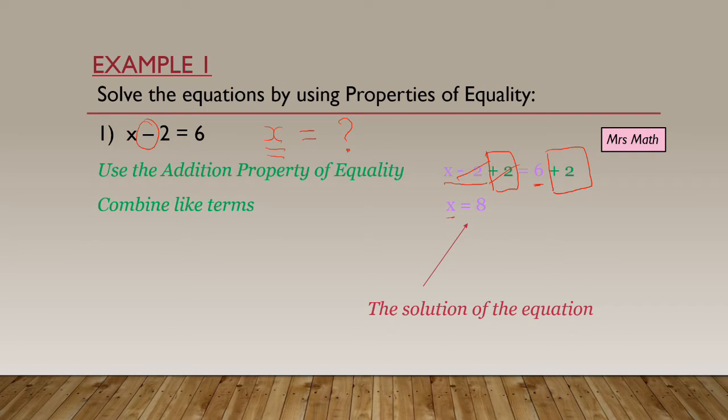So what remains is only x, and on the right we combine like terms, 6 plus 2, we get 8. So we have reached the end of the equation, which is x equals 8, and this is the solution of the equation.